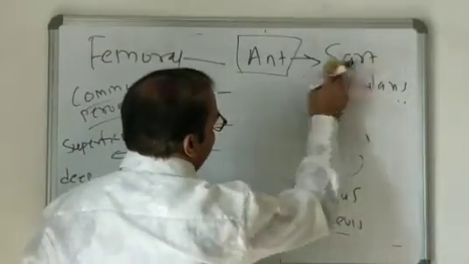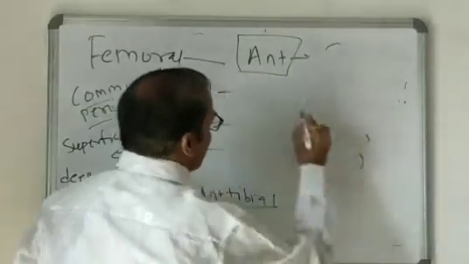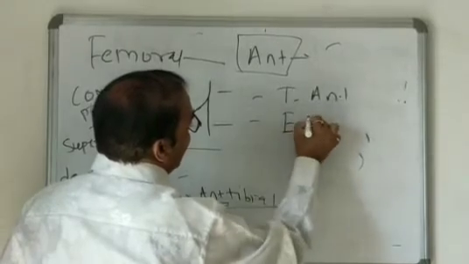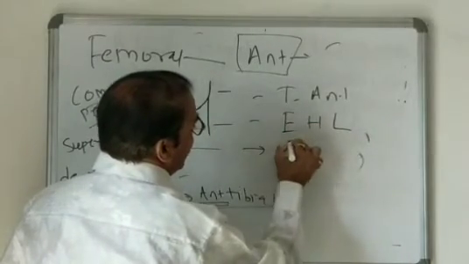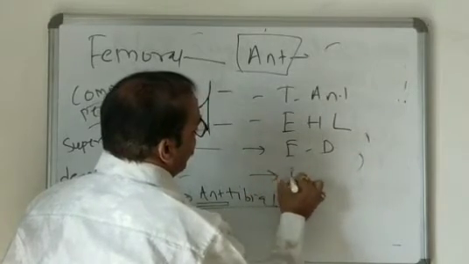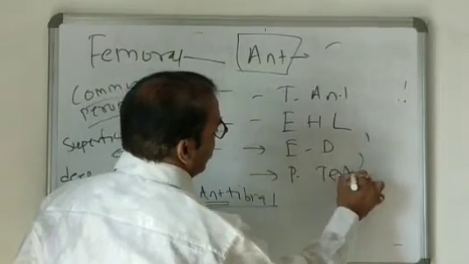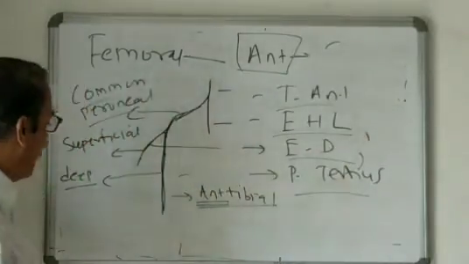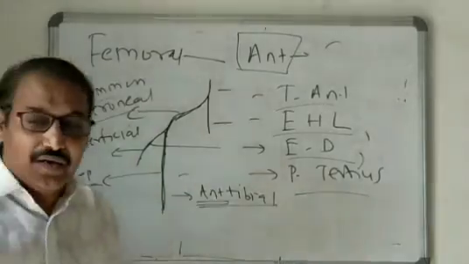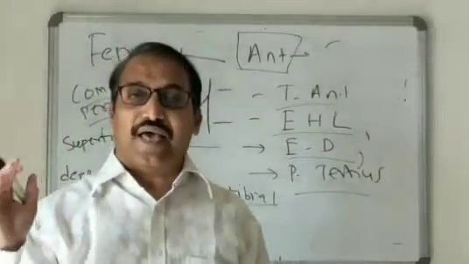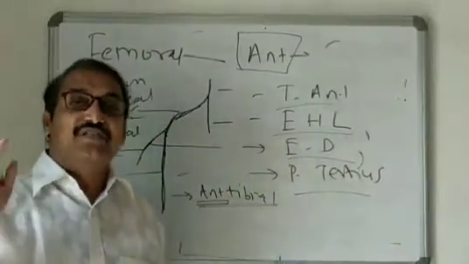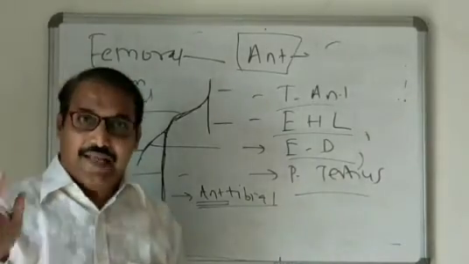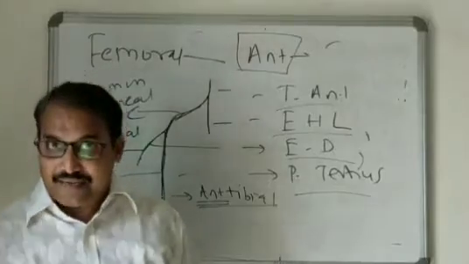Four muscles: the first is tibialis anterior, the second is extensor hallucis longus, the third is extensor digitorum, and the fourth is peroneus tertius. Remember, all these four muscles are supplied by the deep peroneal nerve, also called the anterior tibial nerve, because it lies along with the anterior tibial artery. So that is the supply to the anterior and lateral compartments of the leg.